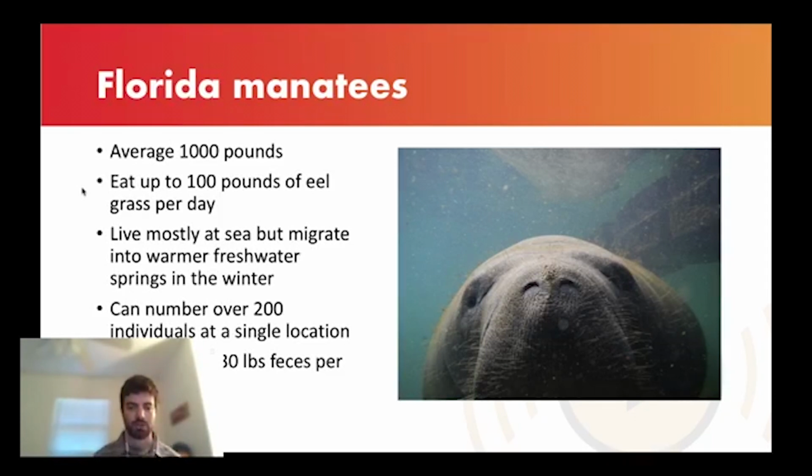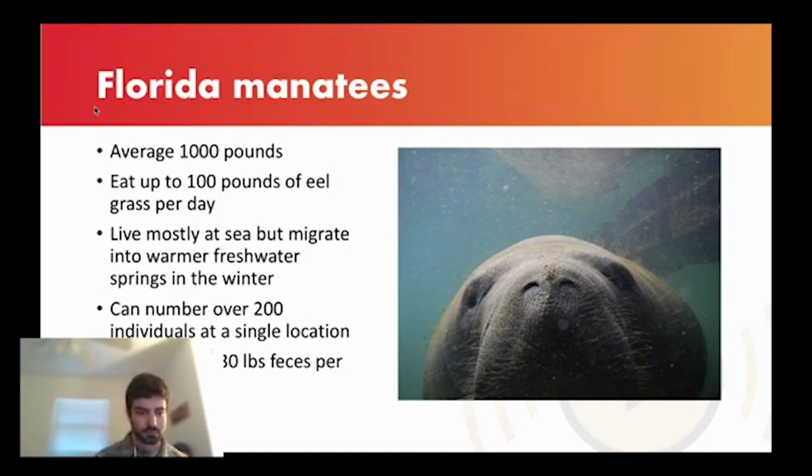And they can number over 200 individuals at a single location. And so when they get to an individual spring, they can be in really high numbers. And as we previously said, they can defecate 300 pounds of feces per day. And so when you get lots of manatees, you get lots of poo going on there.